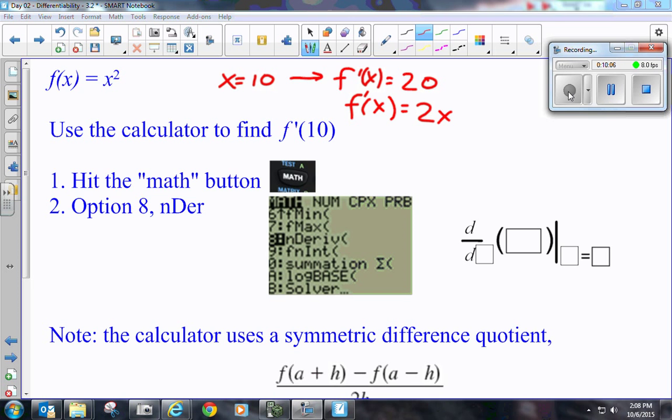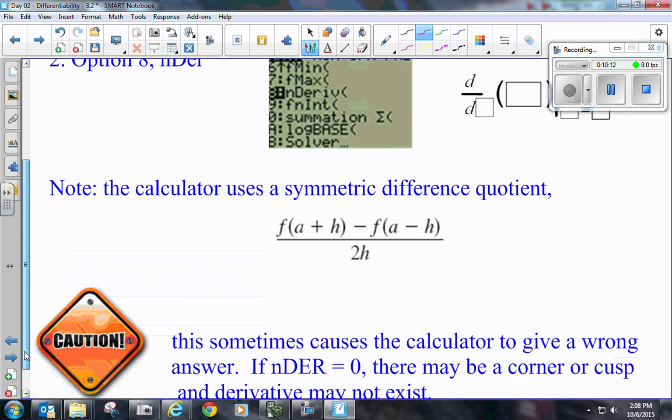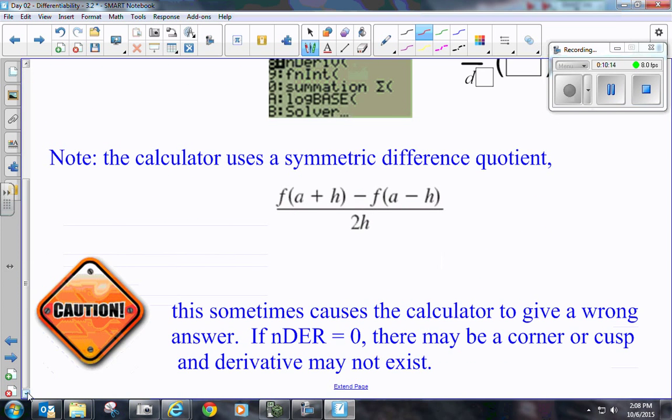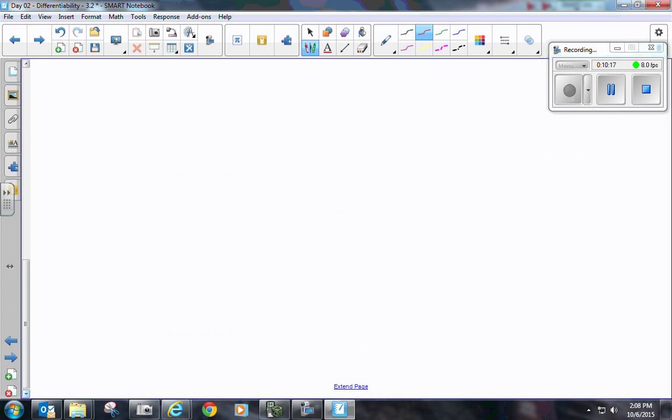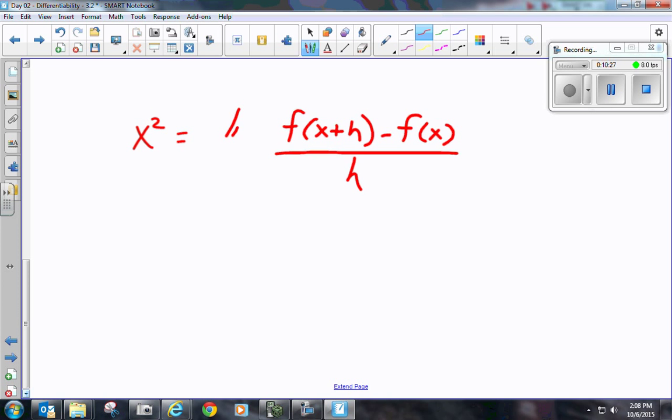Does everybody see that? If I do the difference quotient, I can prove that to you. You don't have to write this down, just for the sake of time. Let's put this in the difference quotient to see if we're correct. It is f of x plus h minus f of x all over h, as the limit as h approaches 0. That should come out to be 2x.